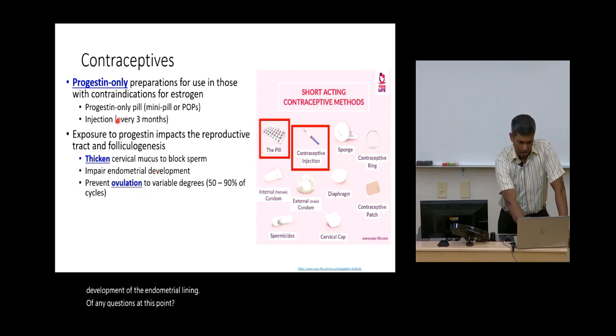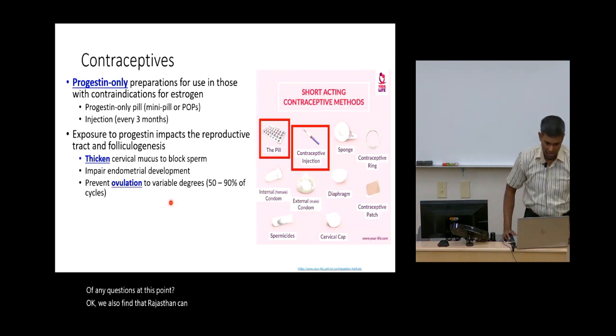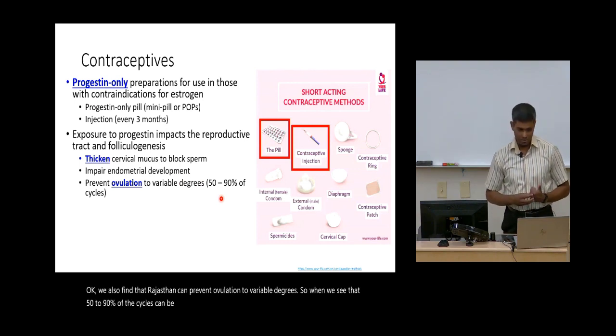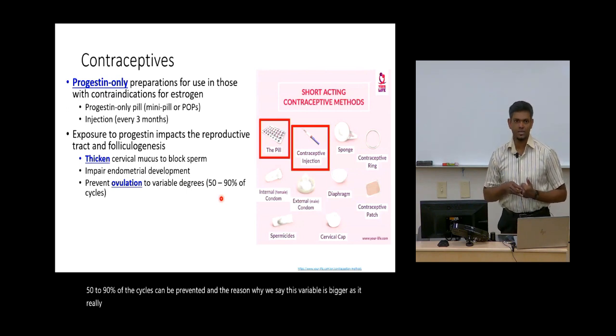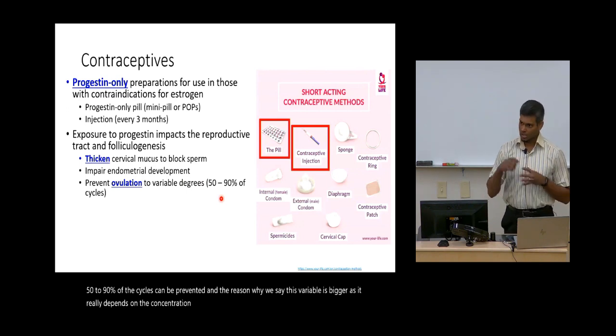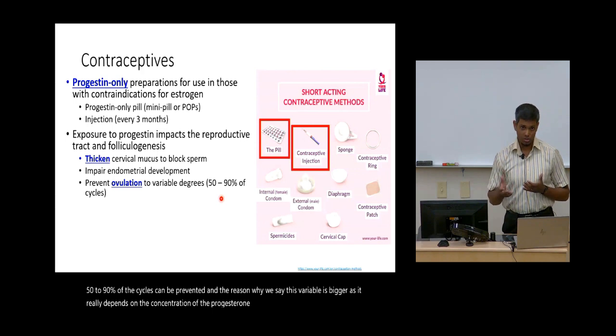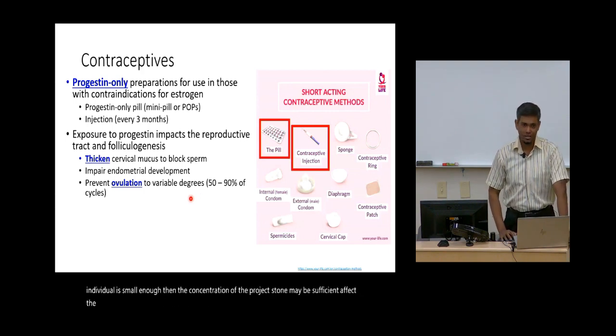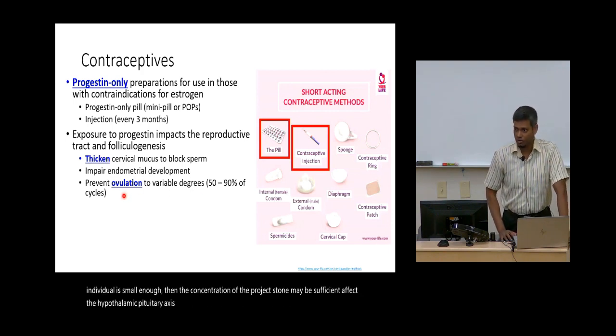Okay. We also find that progesterone can prevent ovulation to variable degrees. So we see that 50 to 90% of the cycles can be prevented. And the reason why we say it is variable is because it really depends on the concentration of the progesterone and the size of the individual. So if the individual is small enough, then the concentration of the progesterone may be sufficient to affect the hypothalamic pituitary axis, and so that could even prevent ovulation.